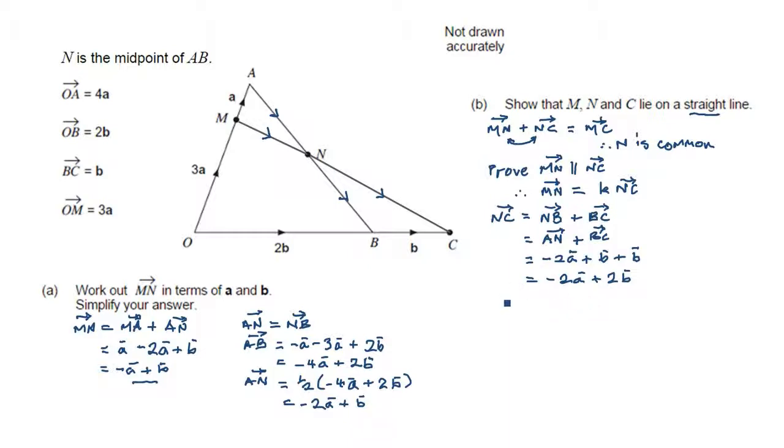Okay, so therefore we'll say let k equal half. Okay, and then rewrite out M to N equals a half of N to C, which is this expression here. So minus 2a plus 2b.